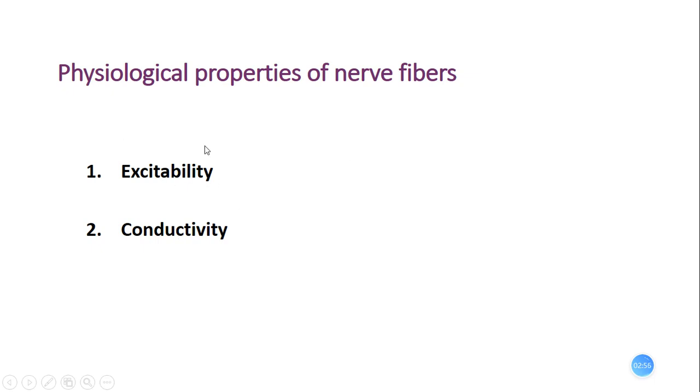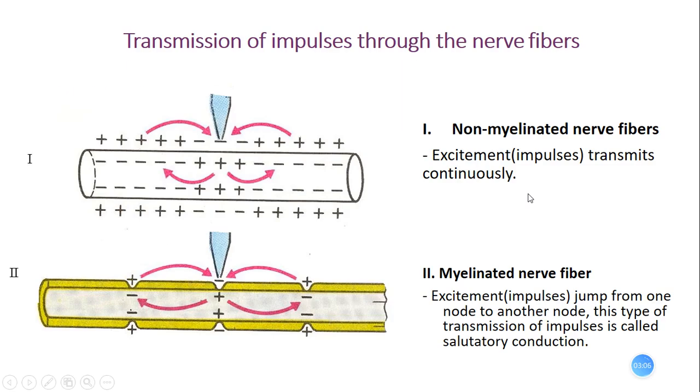Excitability is the ability to generate an action potential, and conductivity is the ability to transmit impulses through the nerve fibers.